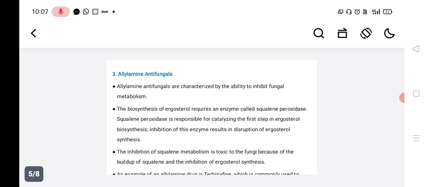Allylamine antifungals are characterized by the ability to inhibit fungal metabolism. The biosynthesis of ergosterol requires an enzyme called squalene epoxidase. Squalene epoxidase is responsible for catalyzing the first step in ergosterol biosynthesis. Inhibition of this enzyme results in disruption of ergosterol synthesis.